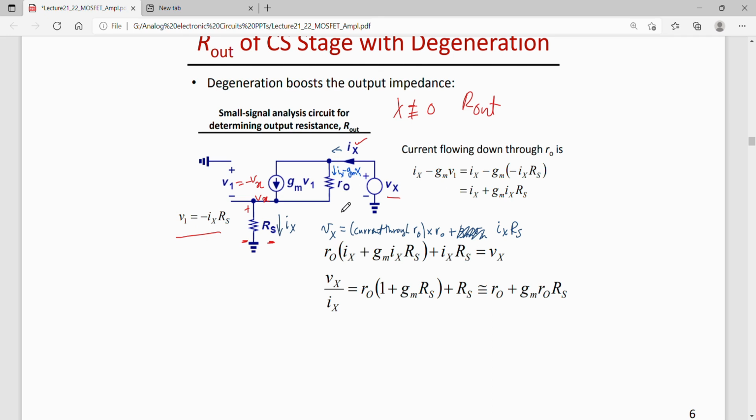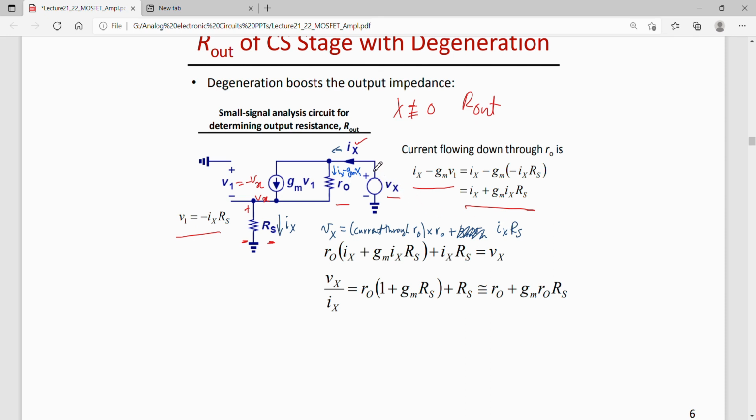Now the current going through R naught can be found, which is Ix minus Gm V1. And V1 we have obtained as minus Ix Rs, so we put V1 in this equation. So we get Ix minus Gm V1, that is the current through R naught, equal to this much.